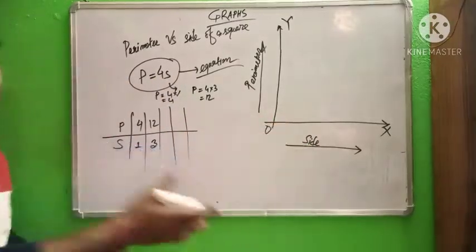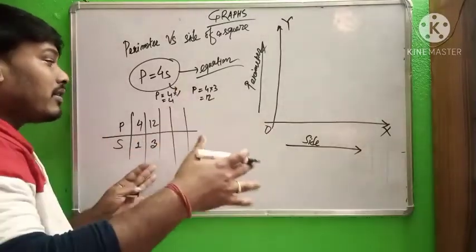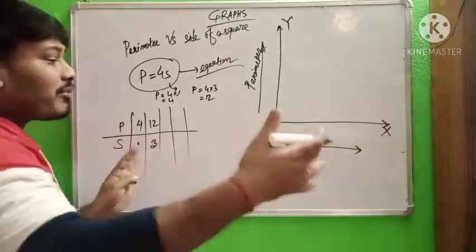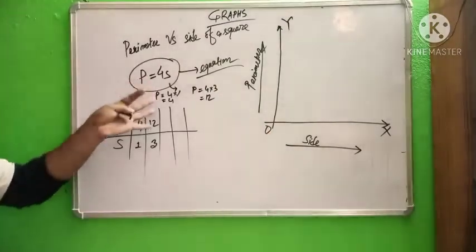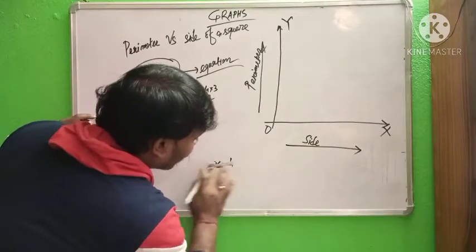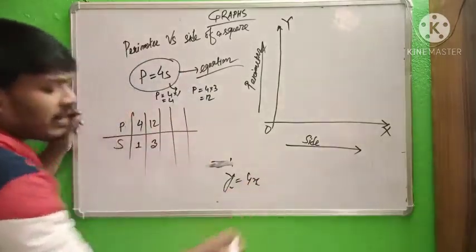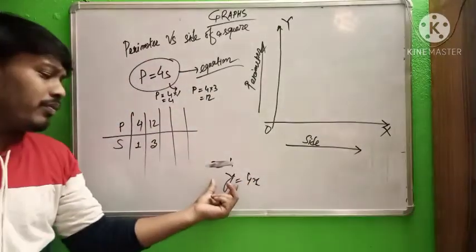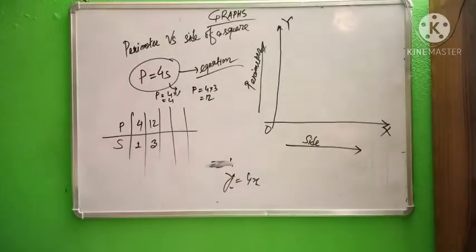If we take negative values of s, negative values are not possible, because here we are talking about the length of a side, and the length of anything cannot be negative. If we are only talking about the variable equation y equal to 4x, these two are variables, and the values of x and y may vary.